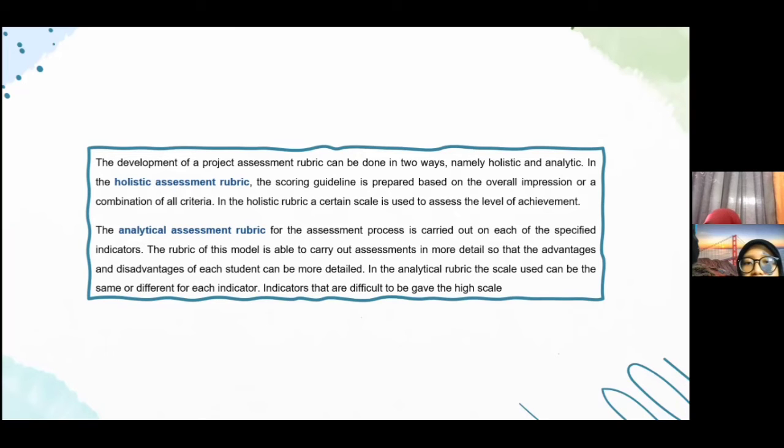The rubric of this model is able to carry out assessment in more detail so that the advantages and disadvantages of each student can be more detailed. In the analytic rubric, the scale used can be the same or different for each indicator. Indicators that are difficult get a high scale.